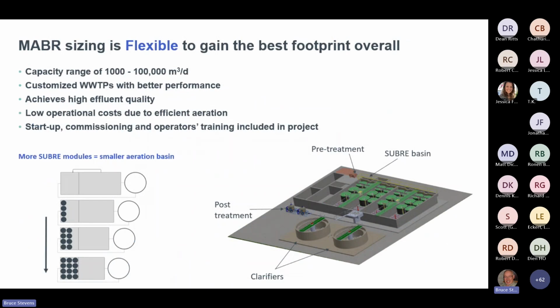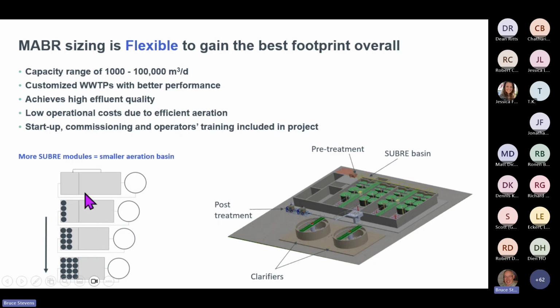When we start looking at complete mix activated sludge applications in the mainstream plant, we look at the flexibility of the process and how it's best utilized to design a plant and upgrade things. So when you consider, you can do a lot of things with an MLE process that we can also do with our process design using MABRs. The real advantage to us is the smaller aeration basin, fewer diffusers, a more compact footprint.